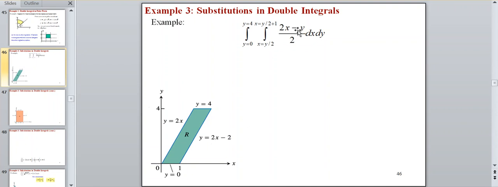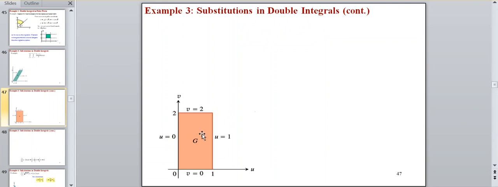And look at here, we have 2x minus y. So I leave it to you as an exercise to see why the image of region R is G. For G, u is from 0 to 1, v is from 0 to 2, just like the previous example.